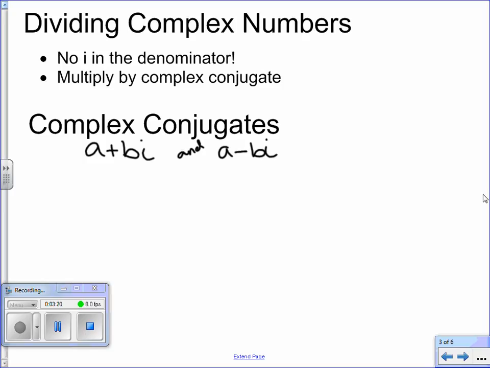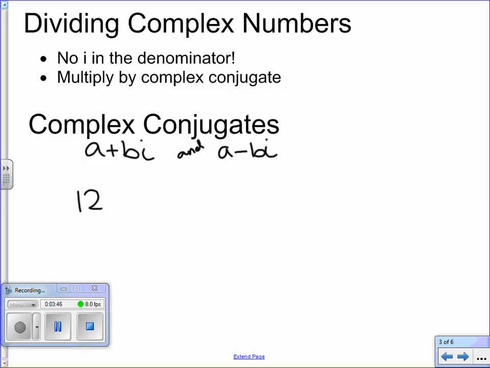So I'm going to ask Cole to give us a complex number. He can make up any complex number he wants in a + bi form. Just give me some number for the a and some number for the b so that we have both. Oh my goodness. 12 and 27.